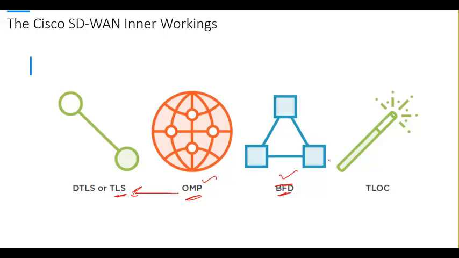Now, next is the TLOC. The WAN edge routers, the endpoints, they want to send traffic to various destinations. They want to direct traffic to various destinations.